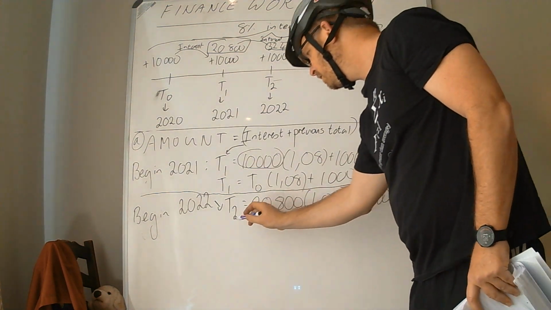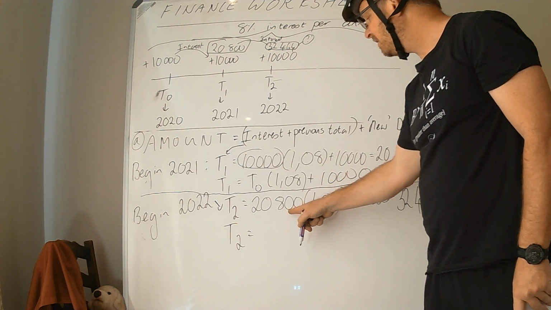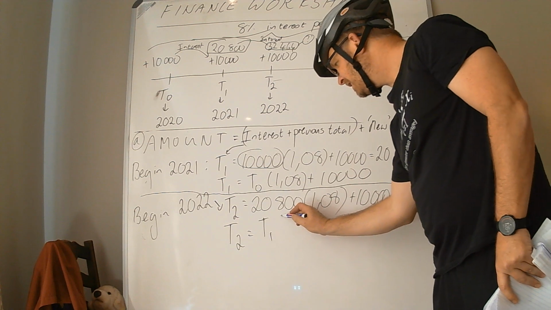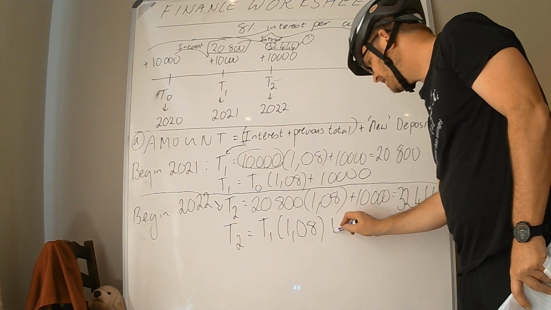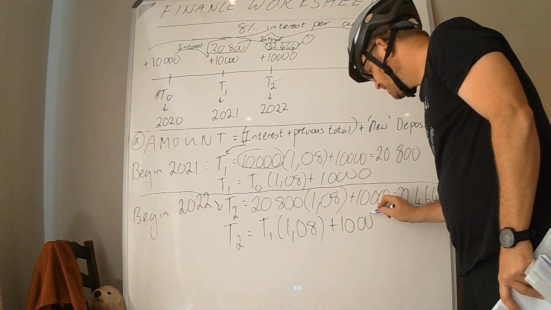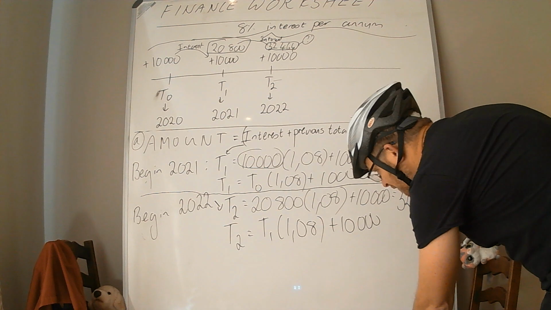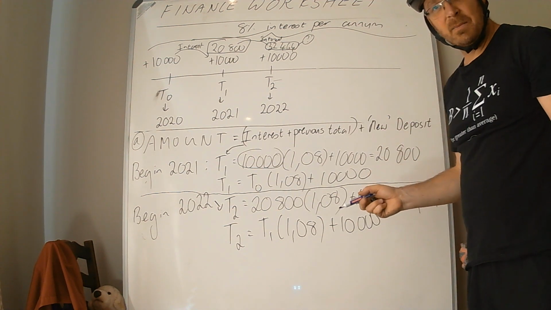Most importantly though, we know that T2, what was this 20,800? That was T1, times 1,08, plus 10,000. Because in the next question, they want a formula to figure out how much money she has at Tn. So this is about patterns.